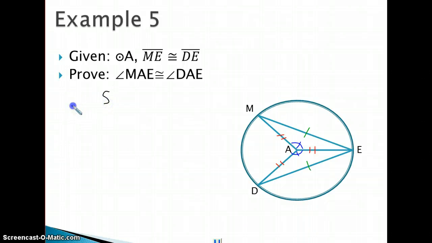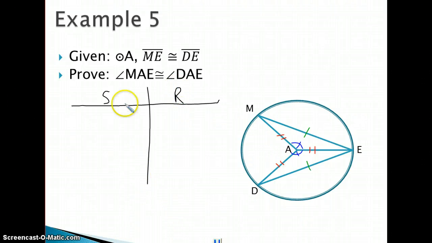So as usual, we're not going to write our givens down here because you know how to do that. But we'll get to the next step. We'll get to the radii. Now you don't need to state that the radii in a circle, I can see that in the diagram. We're going to say that AM is congruent to AE, which is congruent to AD.